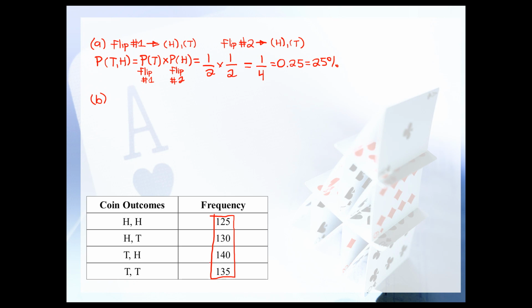That's going to tell me how many total times the experiment has been performed. We're going to use the acronym TOT for that. So TOT would be 125 plus 130 plus 140 plus 135, and the total number of times that this experiment was performed, where you flipped a coin twice, would have been 530.